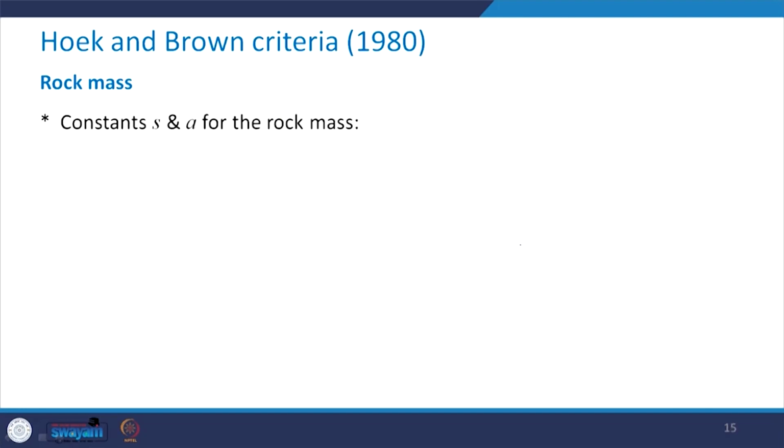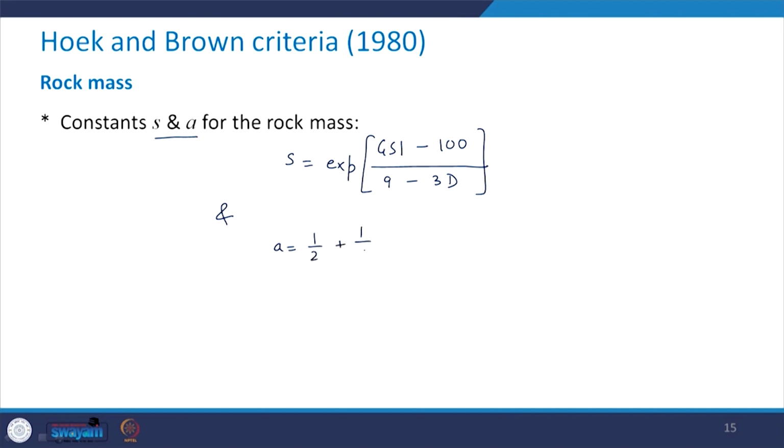These constants s and a for the rock mass can typically be determined by these expressions: s is equal to exponential of (GSI minus 100) divided by (9 minus 3D), D is again the same disturbance factor, and a is equal to half plus 1 by 6 times (e to the power minus GSI upon 15 minus e to the power minus 20 upon 3).